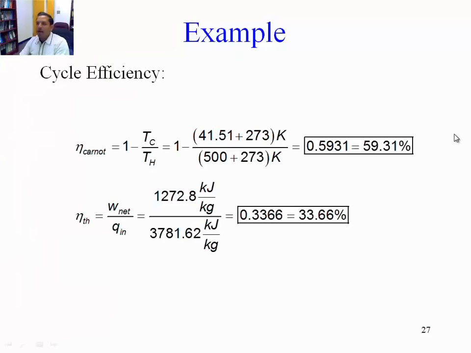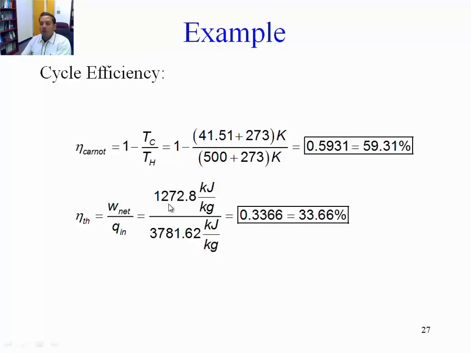If we plug this back and calculate the cycle efficiencies, well, the efficiency of Carnot is the same because the temperatures haven't changed. Lowest temperature in the system and the highest temperature in the system haven't changed. What has changed now is the overall efficiency because of the irreversibilities in the pump and the turbines.